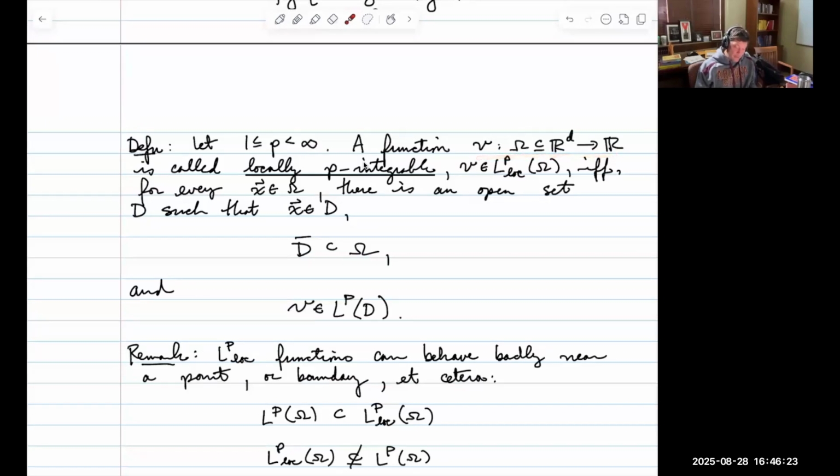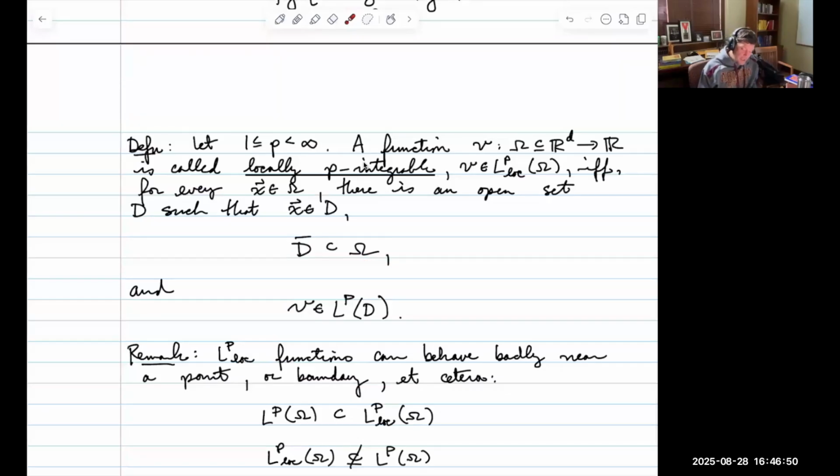A function from omega into R, where omega is a subset of R^D, is called locally p integrable, and we write v in L^p loc. And that means that for every x in omega, there is an open set D such that x is in D and the closure of D is a proper subset of omega.